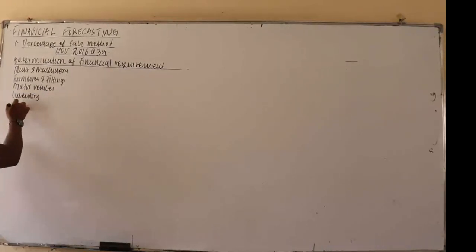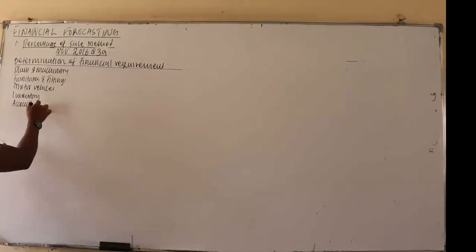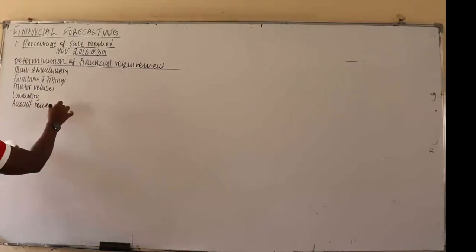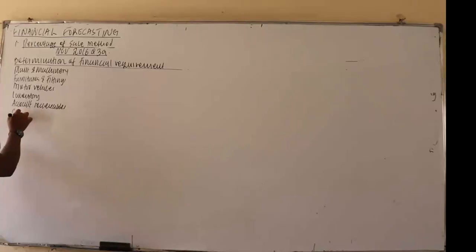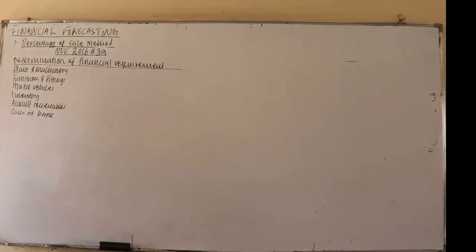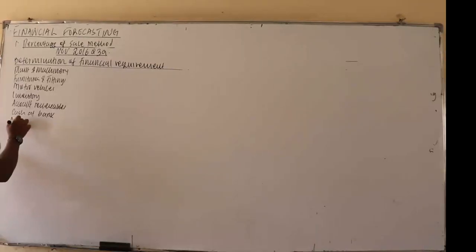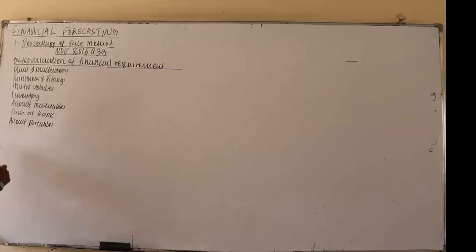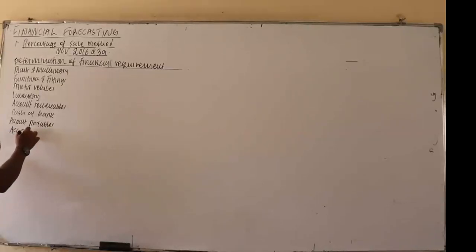Then we have account receivables. And then we have cash at the bank. Then you also factor in the current liabilities. For the current liabilities, we have account payables. Also, we have accrued expenses. Also, we need to factor in the retained earnings.